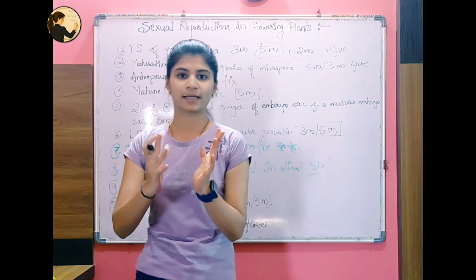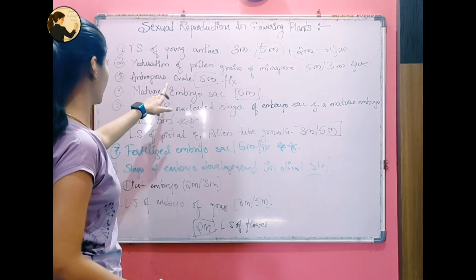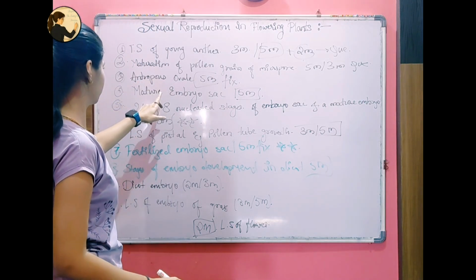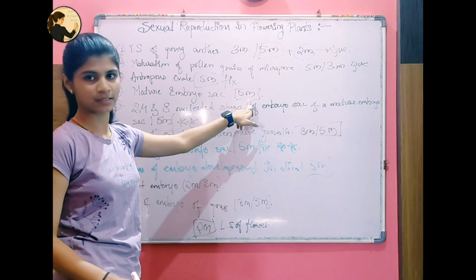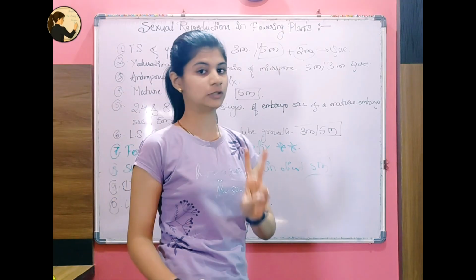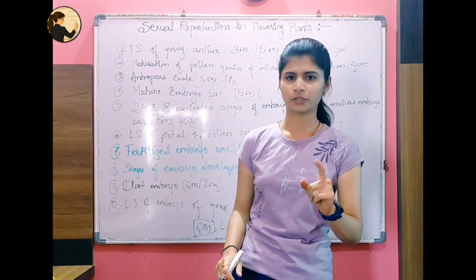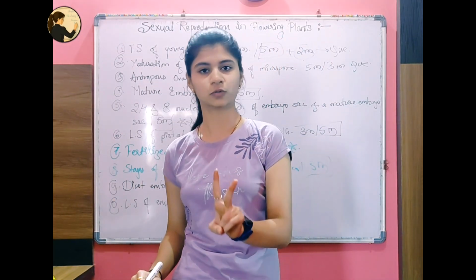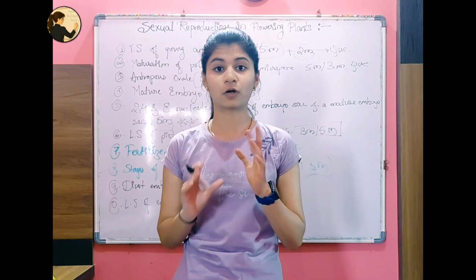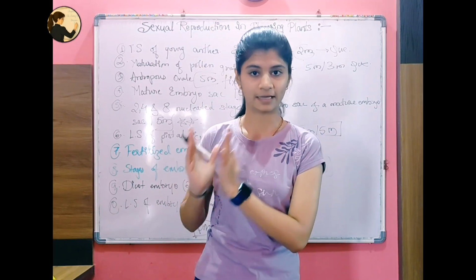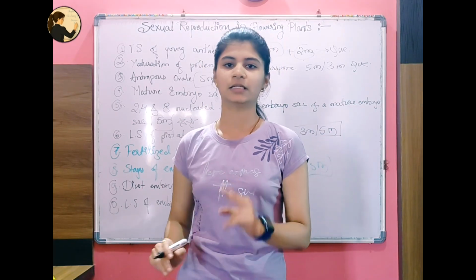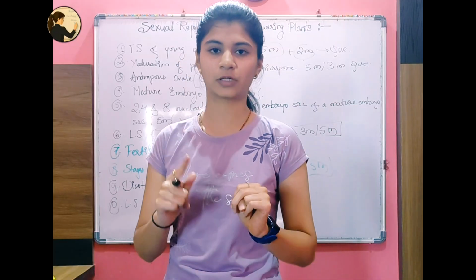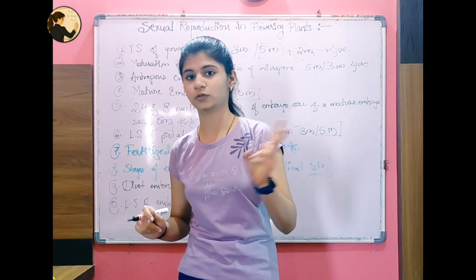Like if the diagram is of the mature embryo sac, which is for 5 marks, and you label only 2 or 3 parts, definitely you are going to lose marks and you will get only 1 or 2 marks. A neat diagram carries 2 marks, and for the remaining labeling parts you will get 2 to 3 marks.